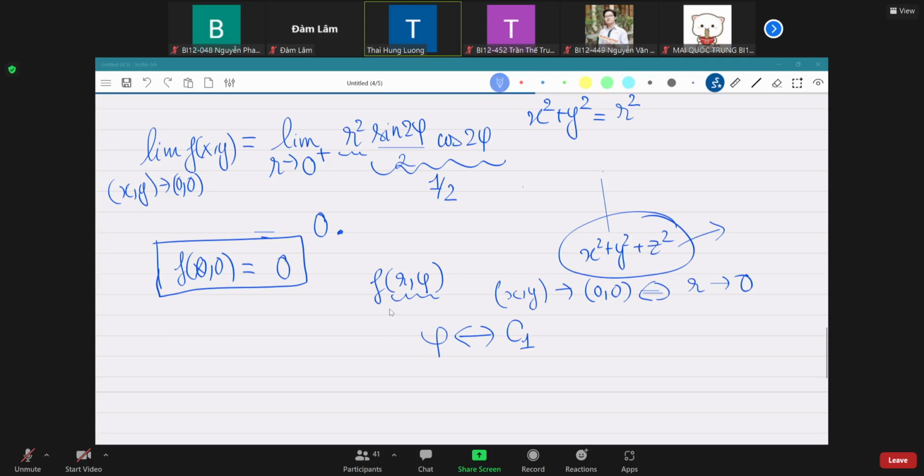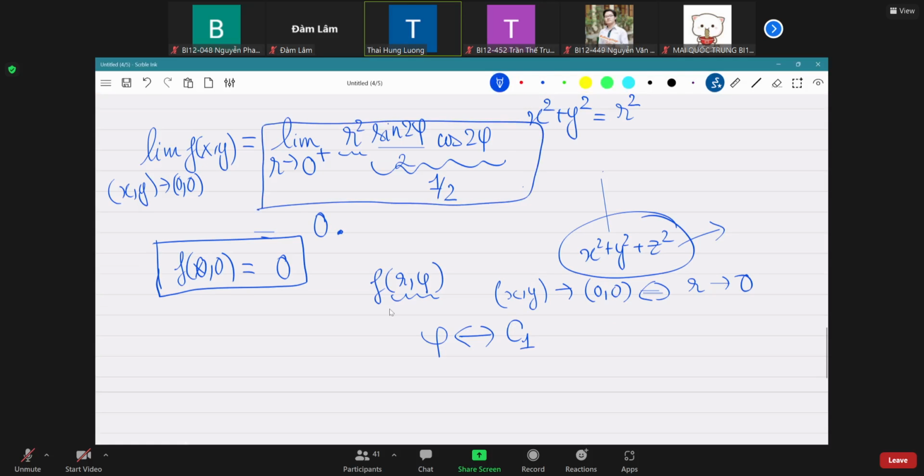When you consider this limit, its value can be computed independent of phi. That means for every phi, the limit is always 0.